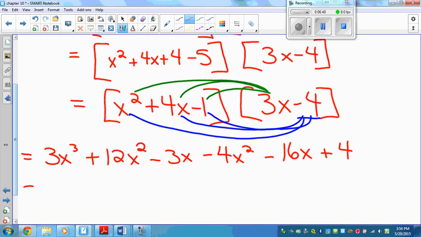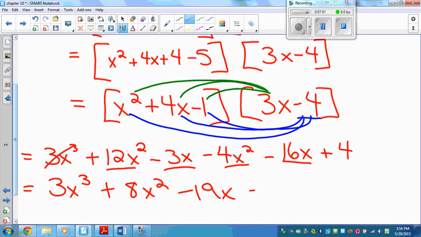So now I'm going to collect like terms. I'm going to go in descending order. I'm going to do cubes, then squares, then linear. 3x cubed. Okay, I've taken care of that one. My x squareds. 12 minus 4 is 8x squared. Then I have minus 19x plus 4.